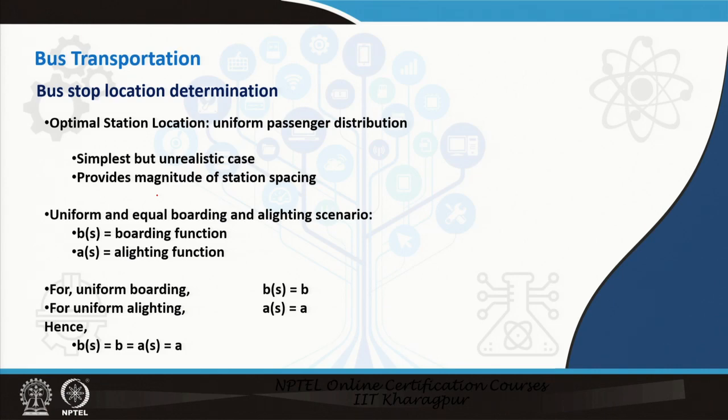But again, to make it simplistic for this mathematical expression to be developed, we are assuming that kind of uniform passenger distribution. So, for uniform boarding, B of S is equal to B, and uniform alighting A of S is equal to A, so then all are equal, right.